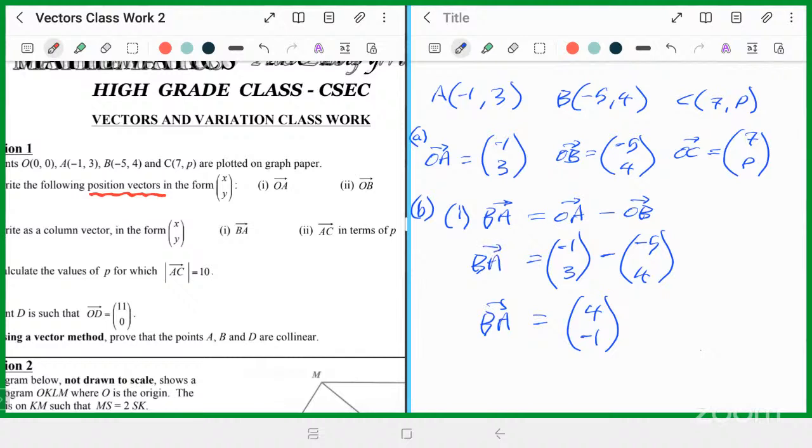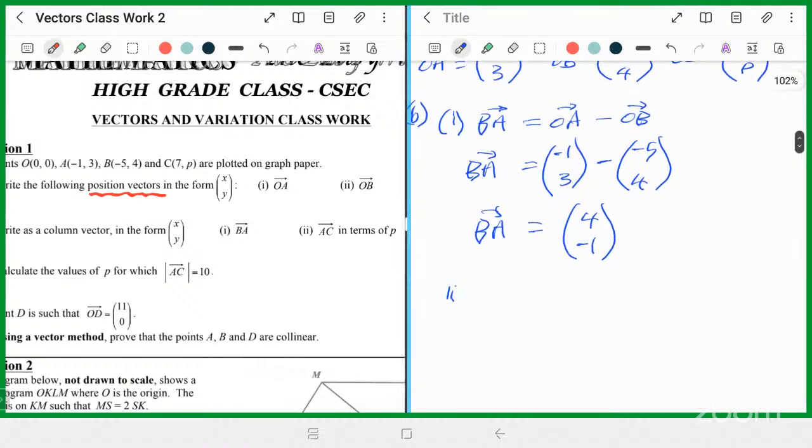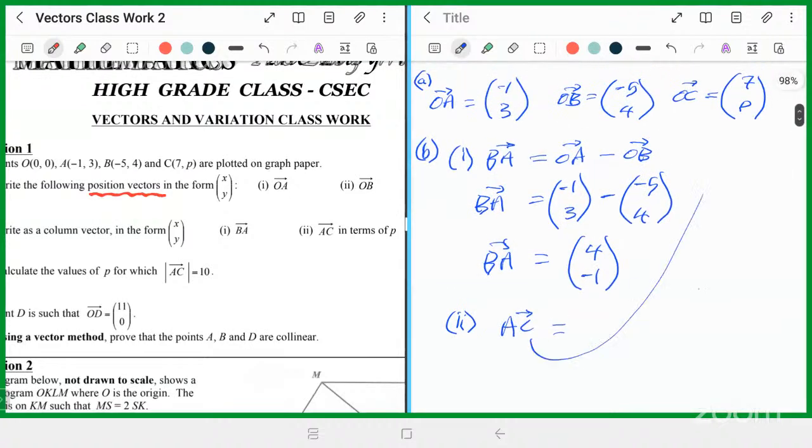The next part wants the vector AC in terms of P, meaning P must be in the answer. So part 2, we're trying now to find the vector AC, which again, because we know the position vector of C is this, and we also know the position vector of A is that, we can use O times the last minus O times the first.